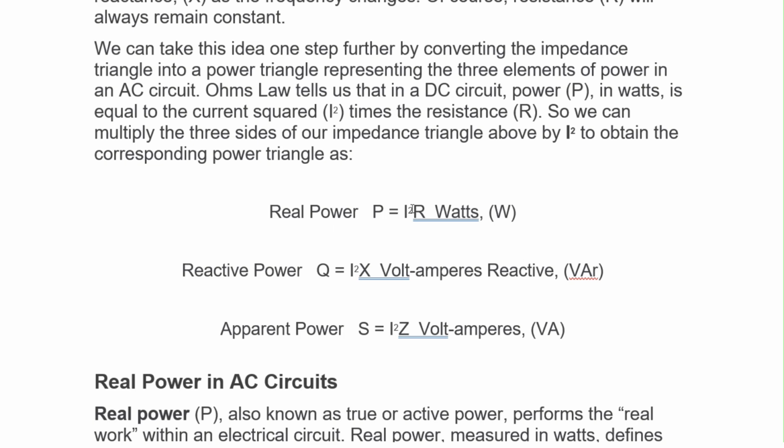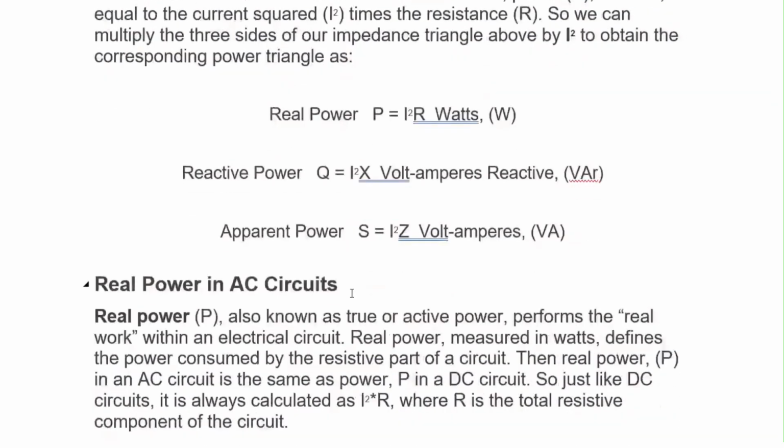The real power is measured in watt, and this is equal to I square R. The reactive power, that is Q, is I square X. X is the net reactance of the circuit, and this is measured in volt amperes reactive, and it is represented as VAR. Apparent power, S, is the total power consumed in the circuit, and that is equal to I square Z. This is measured in volt amperes.